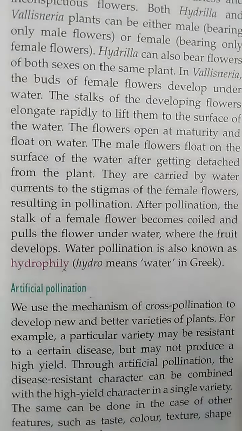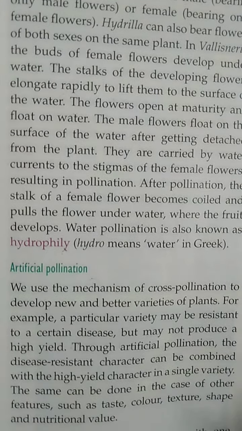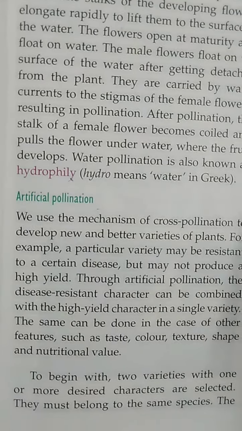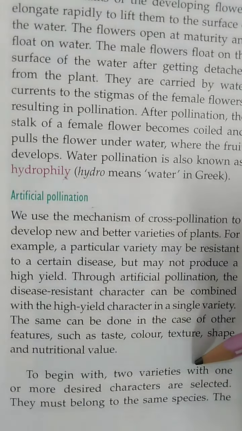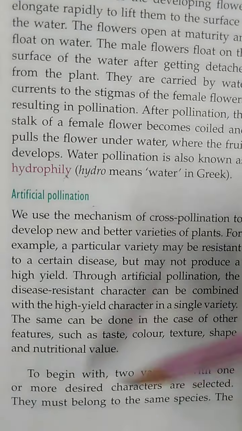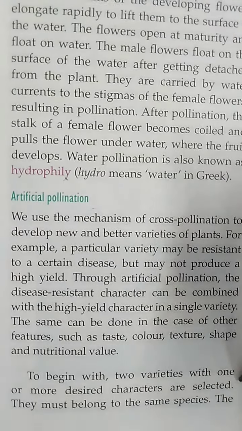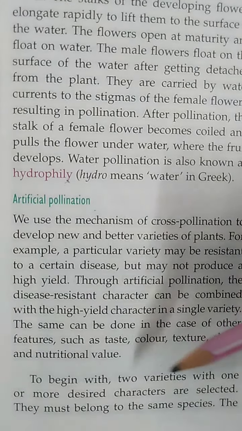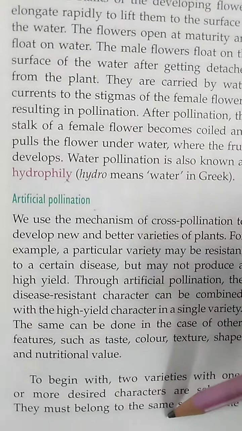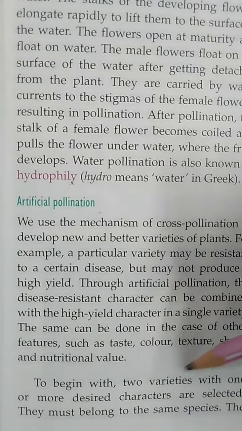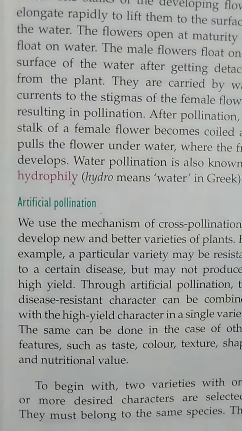Now in artificial pollination, we start with two varieties with desired characters, but the condition is that both varieties of plant should belong to the same species.